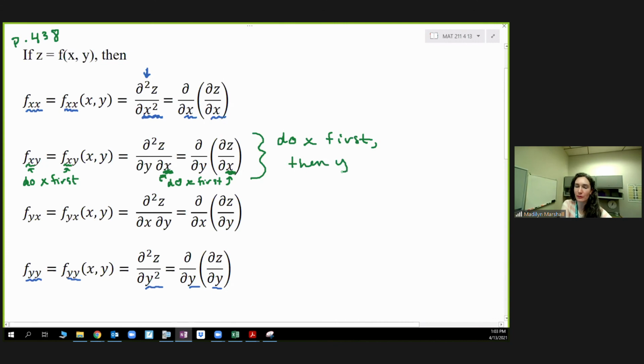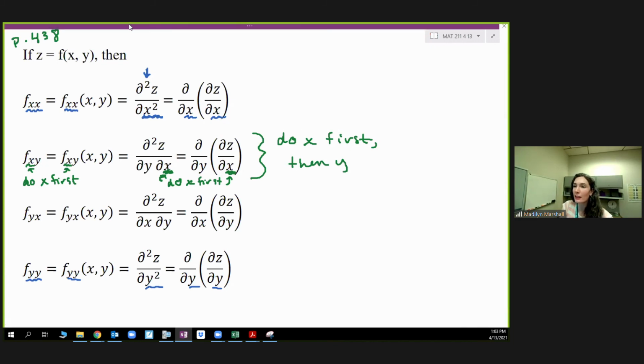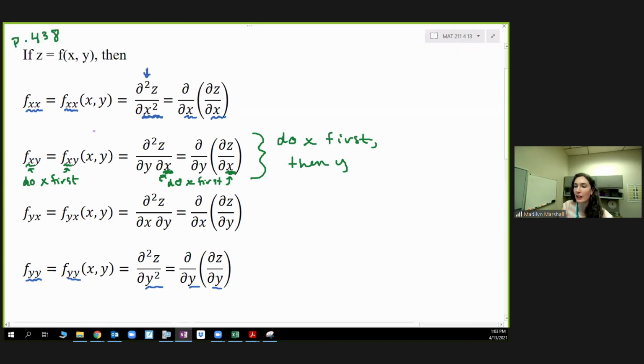Then Y. So underneath that, the third line here has the Y closest to the F in this first notation with the F's. And the Y is sort of our inside thing here. So this means to do Y first.